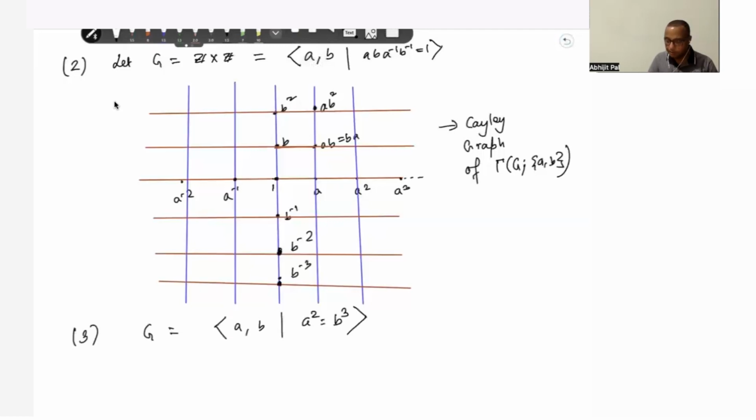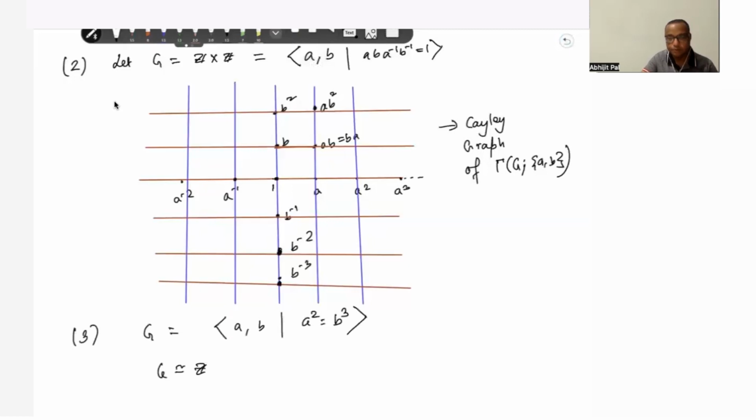So one can prove that this is isometric to Z. So G is isometric to Z. And for this Z, the Cayley graph of Z is just a horizontal line. But for this group, the Cayley graph will be different. But there is something called quasi-isometry. So one can prove that the Cayley graphs are quasi-isometric to each other.